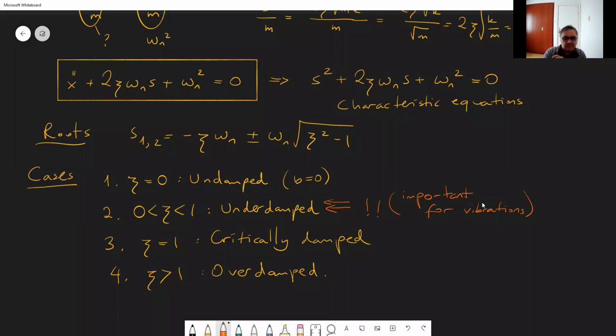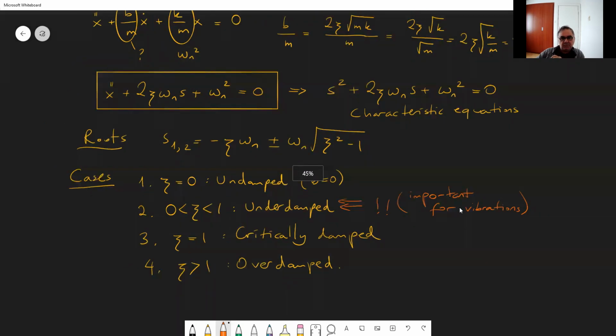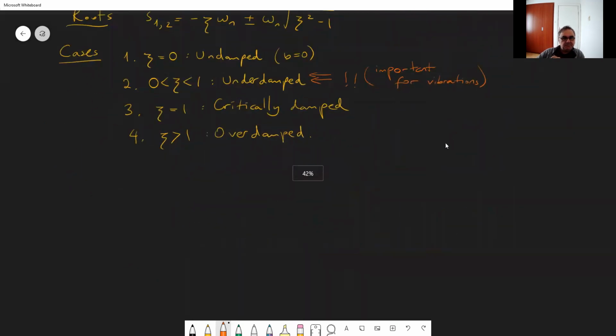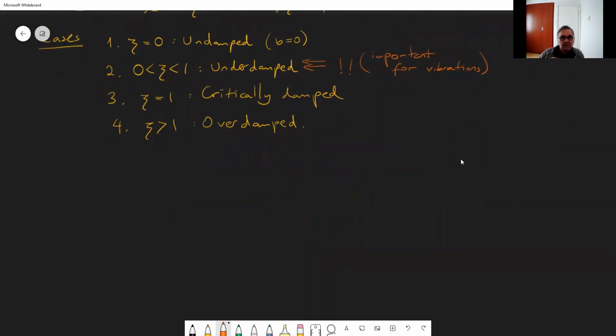Let's look at that case in more detail. As we have said, for the undamped case, s1,2 was plus minus j omega n. So let's look at the underdamped case.